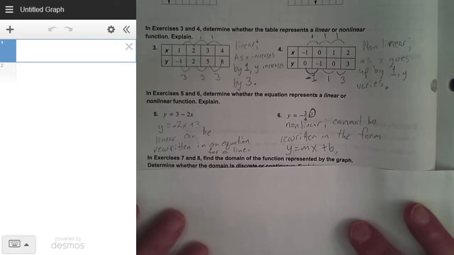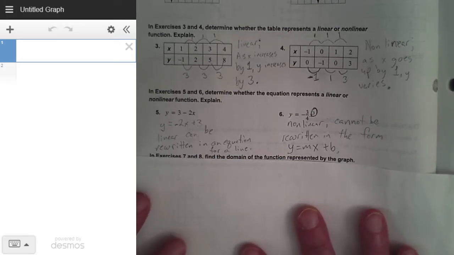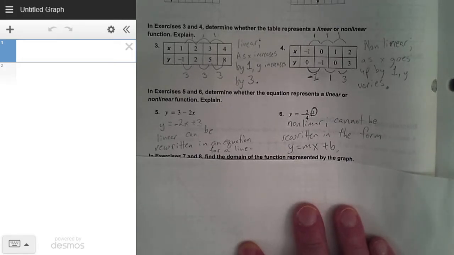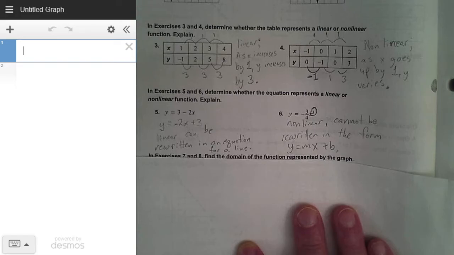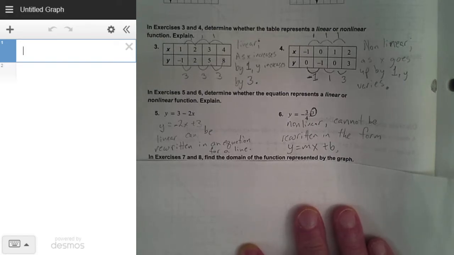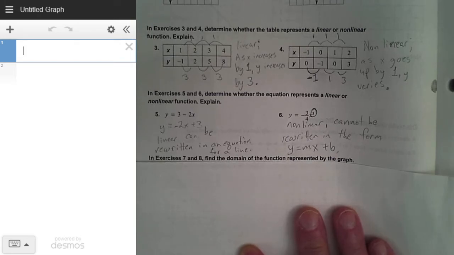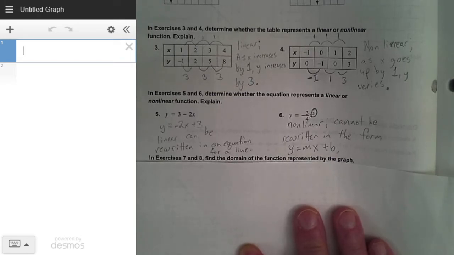All right, for number 5 and number 6, we're looking at equations. How can we tell when an equation is linear or nonlinear? If we can put it into an equation of a line, then we are doing well. But if you can't, that means there's something wrong.